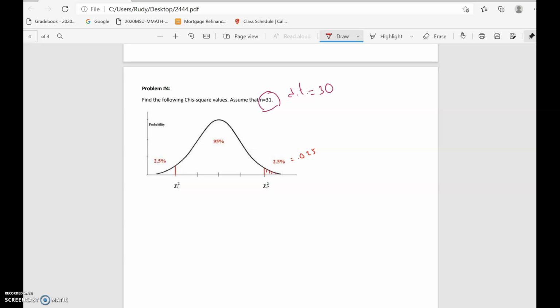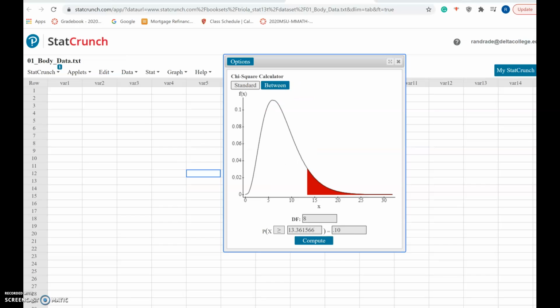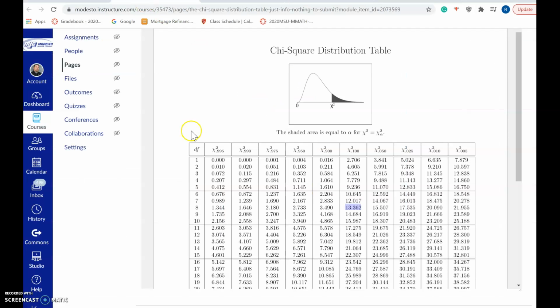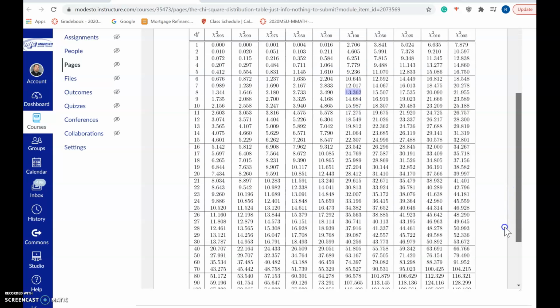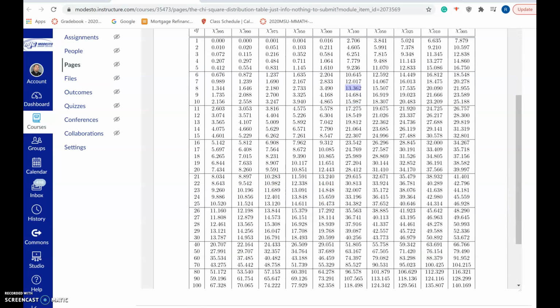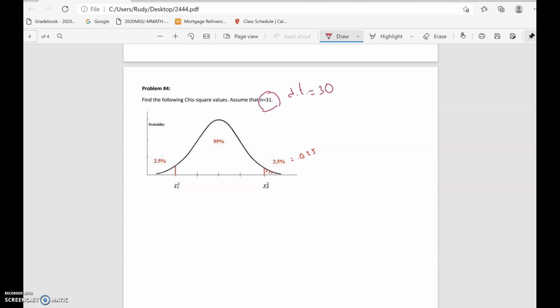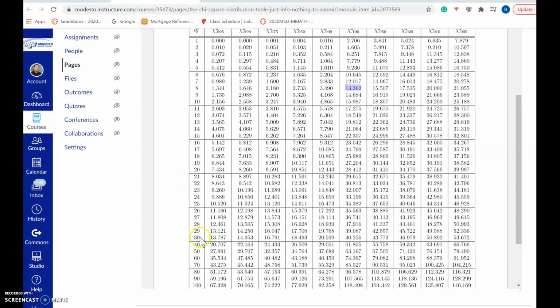So let's go to the table. If it's not there, it'll be the closest to it. Once again, 30 degrees of freedom is here, and the area above it, 0.025, is going to be this value here.